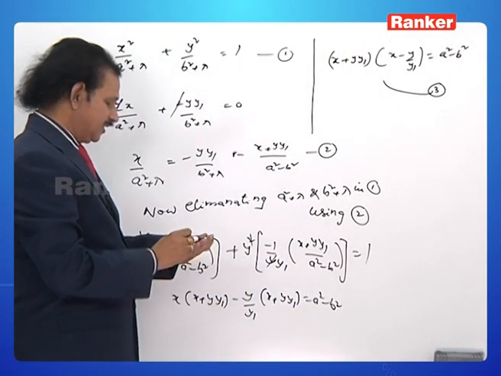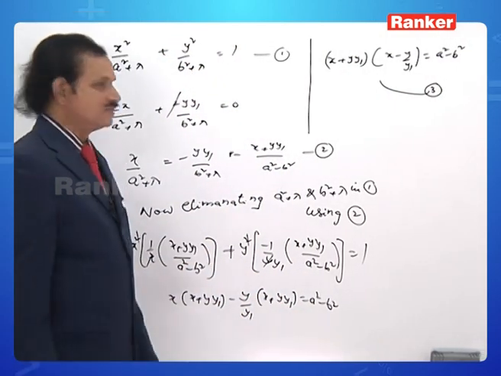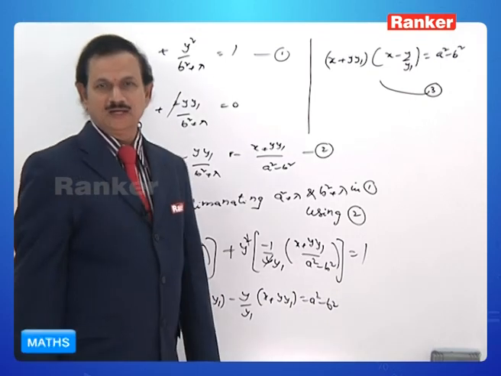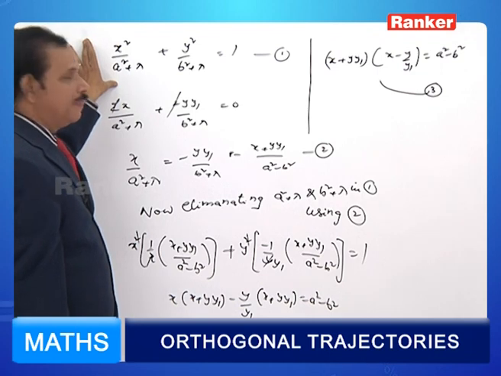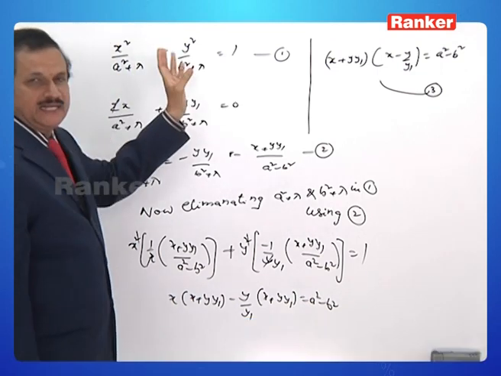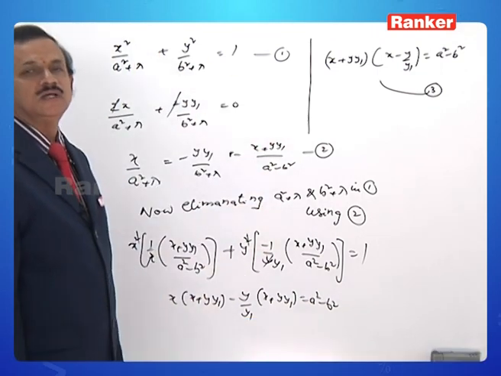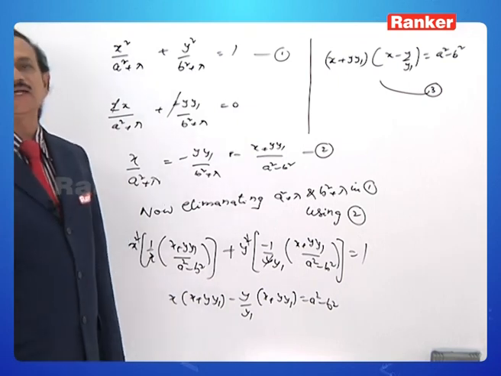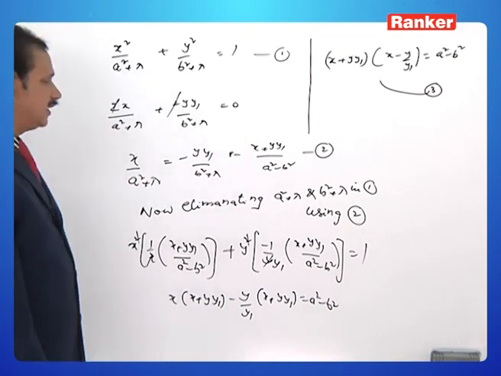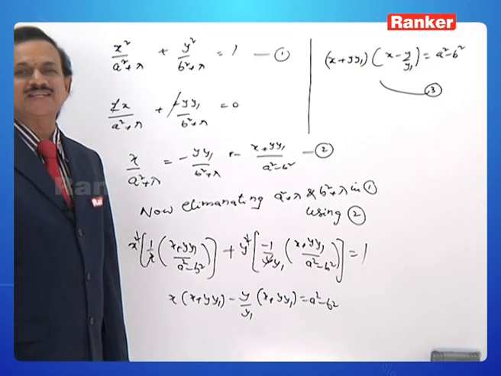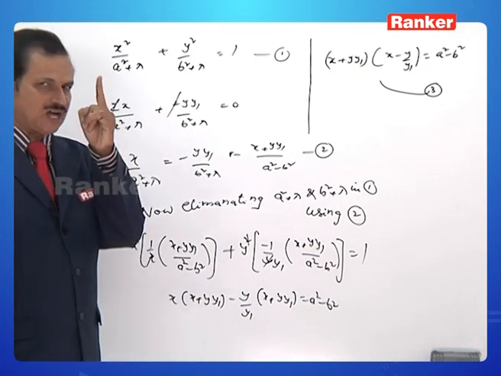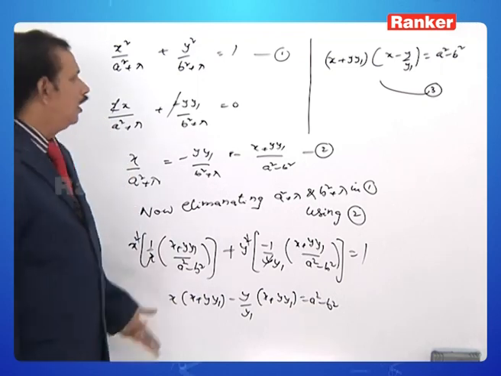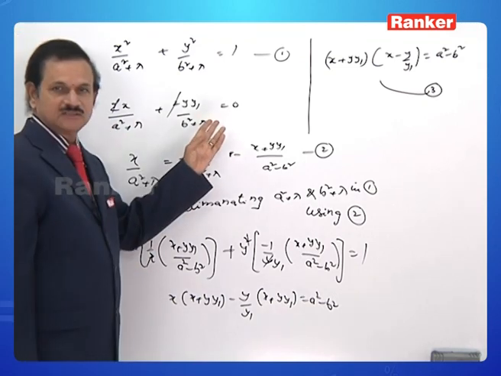Well, my dear, let us have a revision of this problem from the beginning. This is the given family of curves. The only parameter present here is lambda. We are supposed to eliminate lambda. That is, we are permitted to use the process of differentiation once and only once. Okay, we have done this.